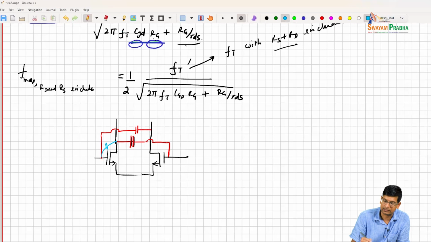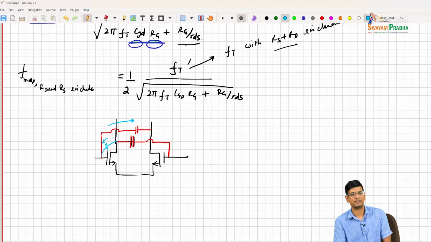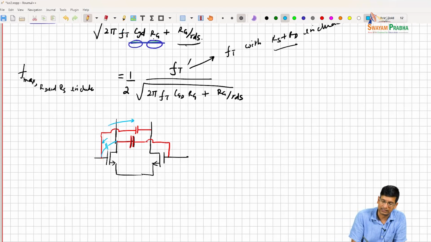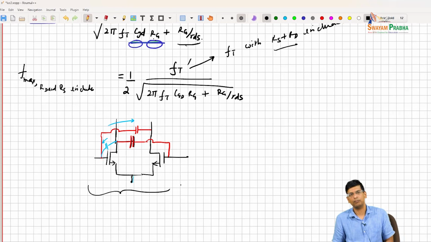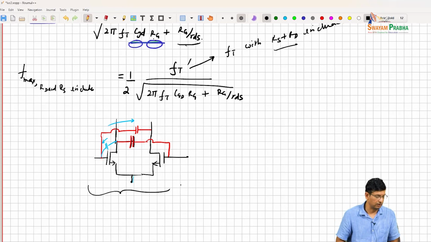So this is this current, right? This current and this current are opposite in polarity, right? So you are creating effectively a cancellation of the CGD, right? So this is something that is just a very popular approach when you're doing diff pairs, right?